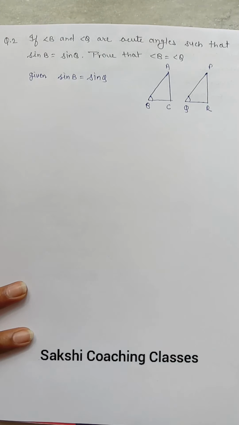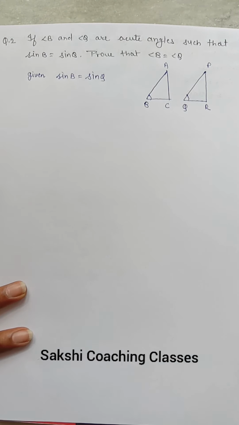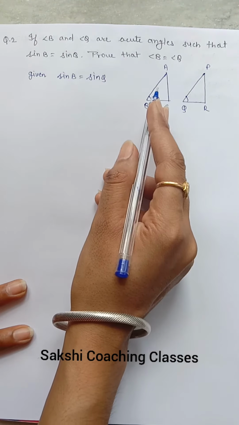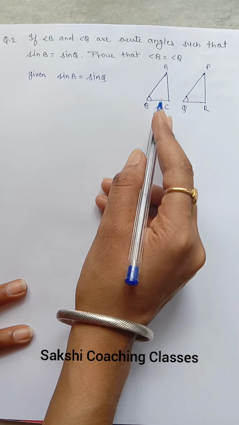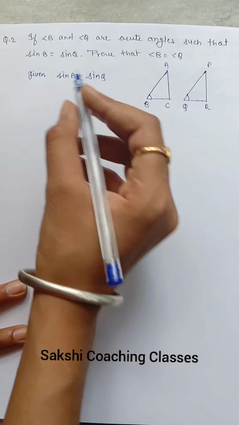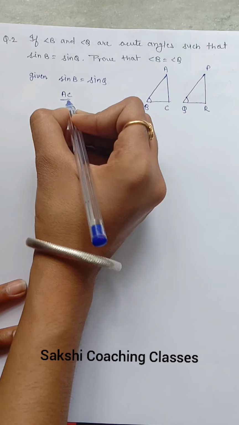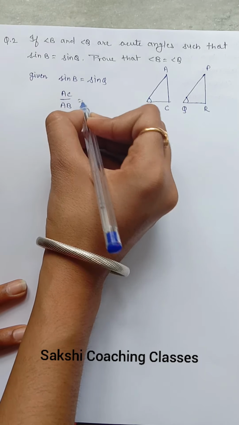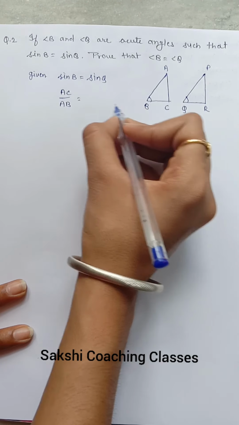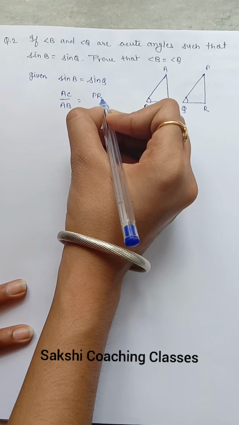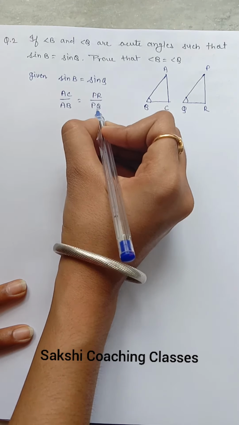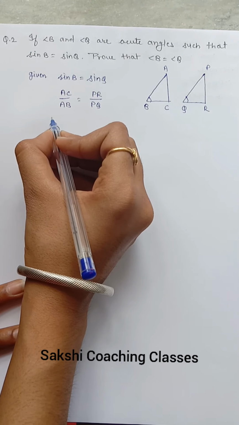What is the formula of sin B? You know that formula of sin B: perpendicular upon hypotenuse. So for triangle ABC, the perpendicular is AC and the hypotenuse is AB. And for sin Q, perpendicular is PR and hypotenuse is PQ.